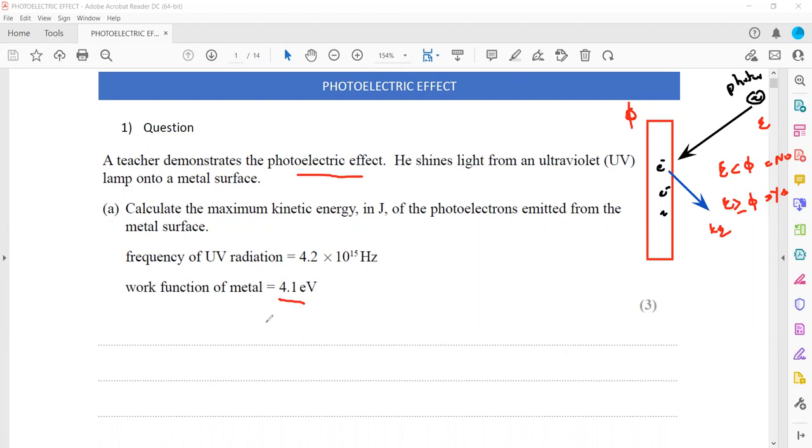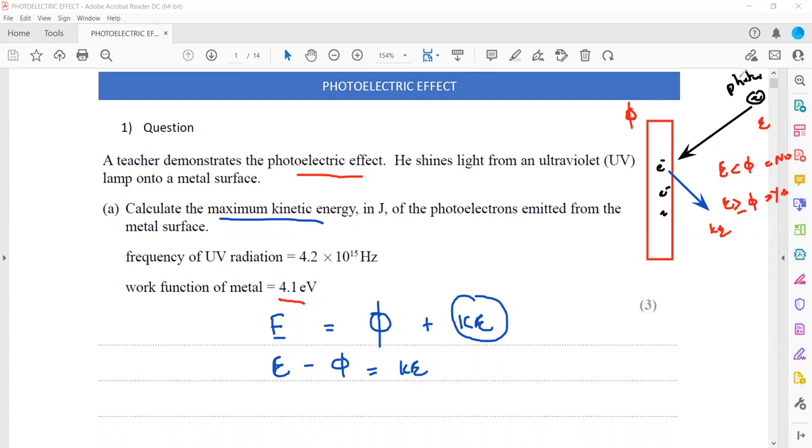So we can say that the energy of the photon E equals the minimum possible energy needed to remove the electron, phi, plus the kinetic energy, which relates to the speed at which the electrons come out. In the question we have to calculate the kinetic energy, so this factor is unknown. So how to work out the kinetic energy? Basically, the energy of the incident photon minus the work function gives us the kinetic energy.